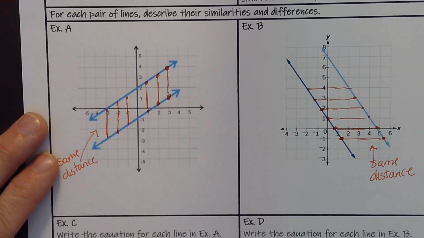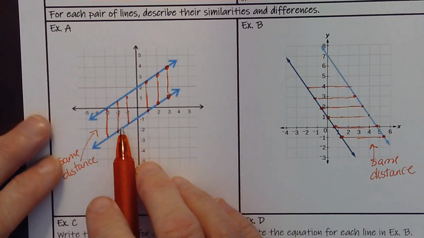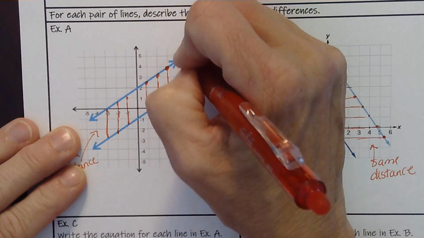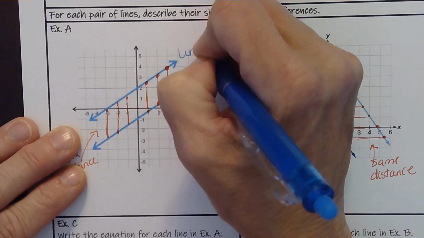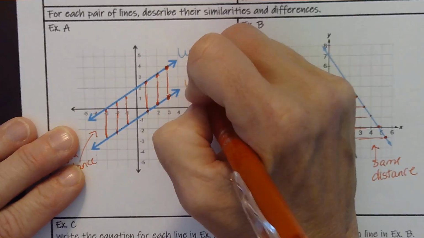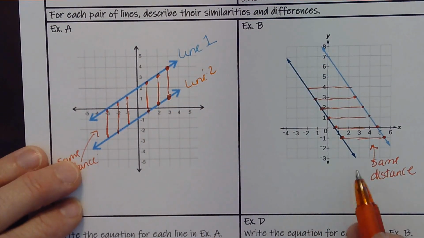Okay, so I want us to ultimately write the equation for each line in example A. We have two lines. I want us to think about what's needed. Line number 1, line number 2.